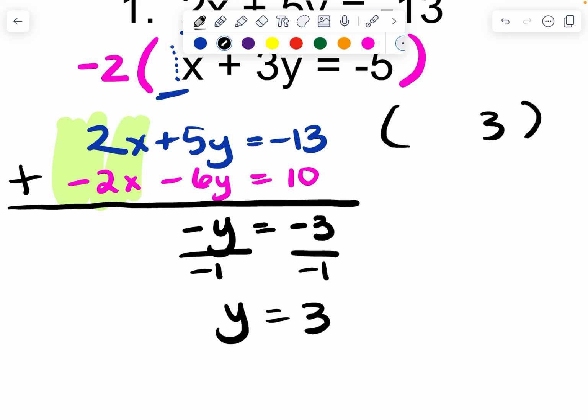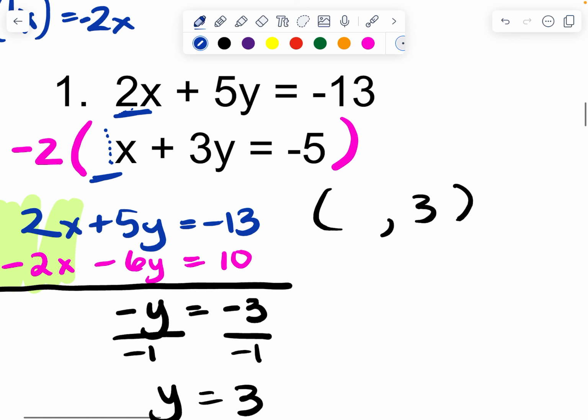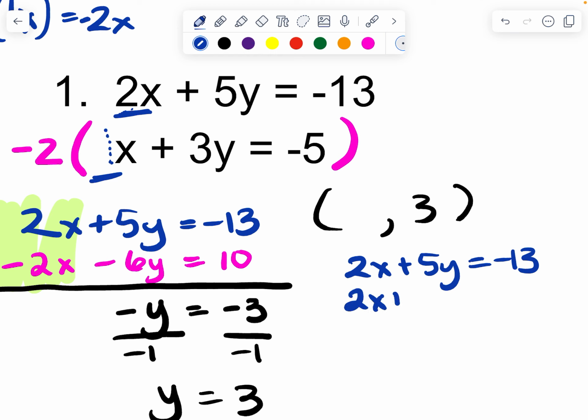So I have the y value. Now I need the x value. So you come back to the original equations. I'm going to take 2x plus 5y equals negative 13. I'm going to replace my y with 3 and solve the equation.